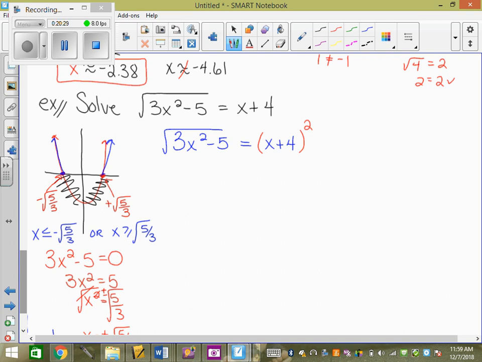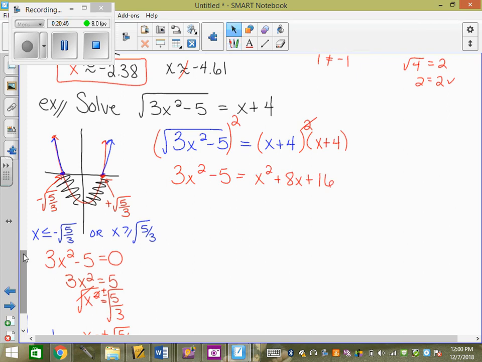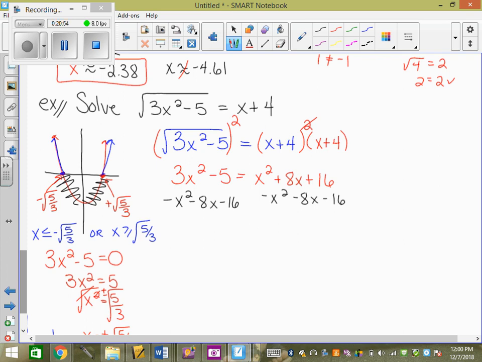Square both sides. 3x squared minus 5 equals, cross it out, rewrite it, x squared plus 8x plus 16. Subtract x squared, subtract 8x, subtract 16. It's the quadratic, we move everything to one side. So we get 2x squared minus 8x minus 21 equals 0.